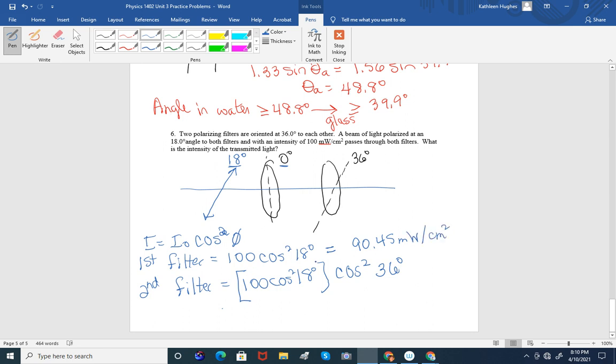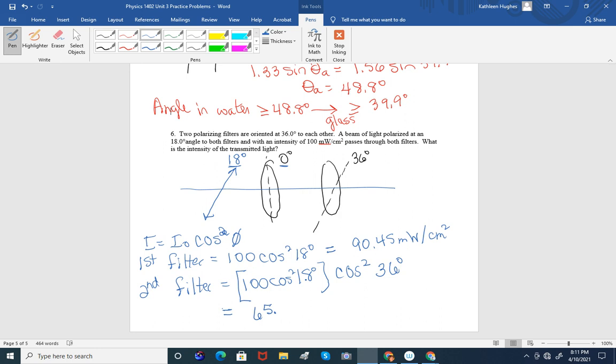But that's going to go in right here, and we're going to multiply that times cosine 36, and I get 65 point, oops, sorry, I did not do that right. Let me retype that in.